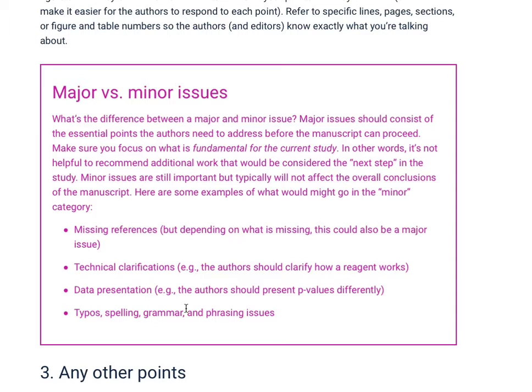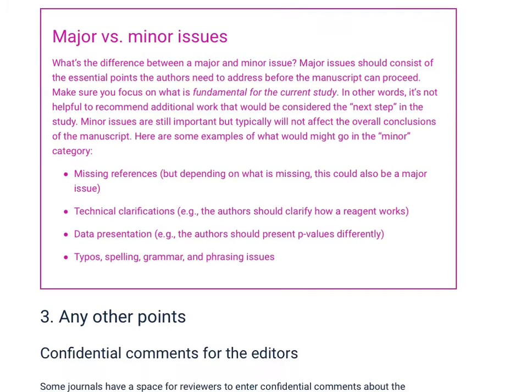If a reviewer is asked to read a manuscript and it is full of spelling and grammar issues and typos, one will begin to question whether the study itself was full of small errors. So ideally, no minor issues should really be seen in your paper.